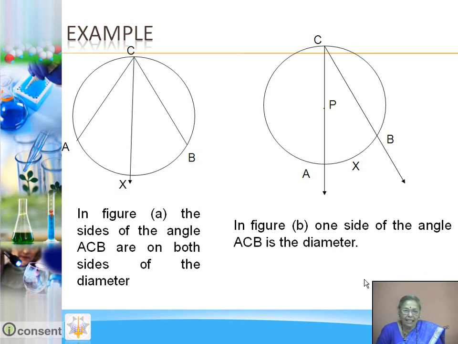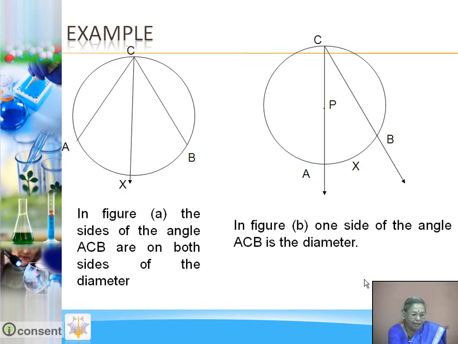Inscribed angle ACB is on both sides of the diameter. In the second figure, the diameter itself is one of the sides of the angle.